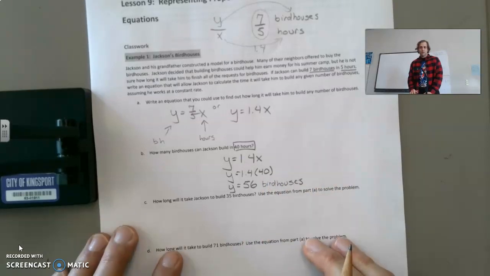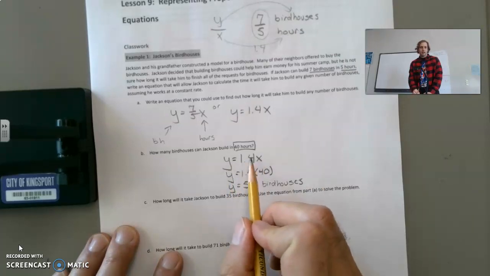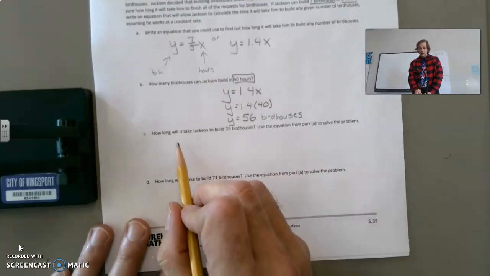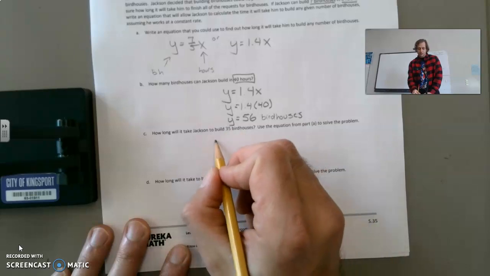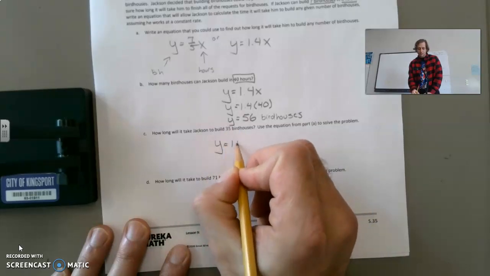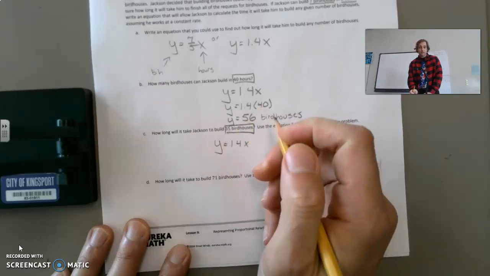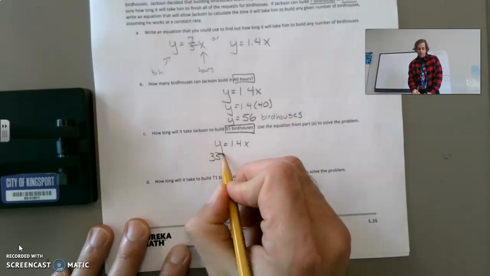All right, so all we have here is this multiplicative relationship between x and y, and you're going to be given one value. You're either going to be given an x or a y, and you need to find the other one. Let's look at C. How long will it take Jackson to build 35 birdhouses? Y equals 1.4x. In this scenario, I'm given the number of birdhouses. So let's take the number of birdhouses, make it 35.